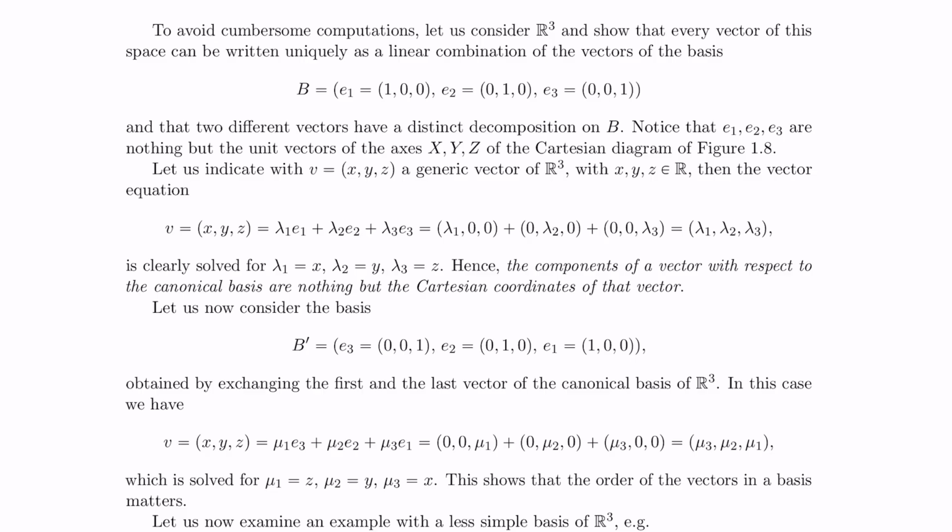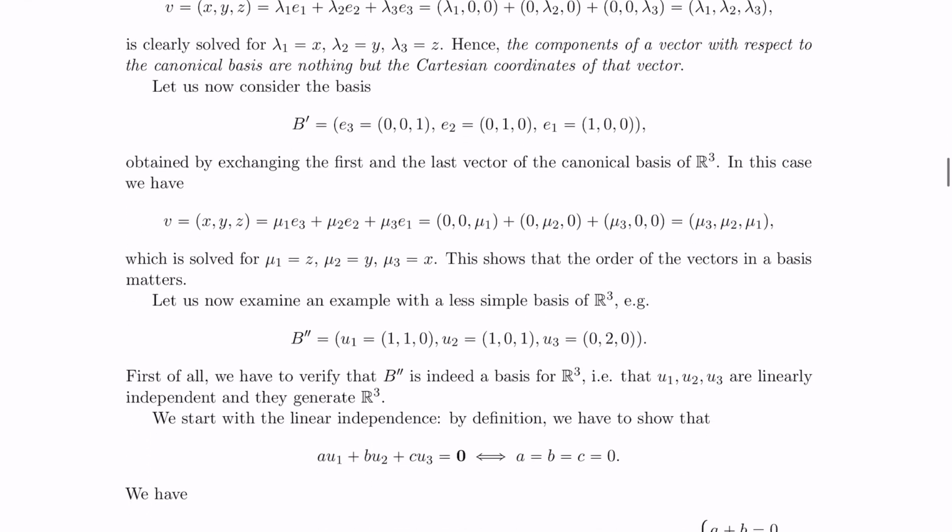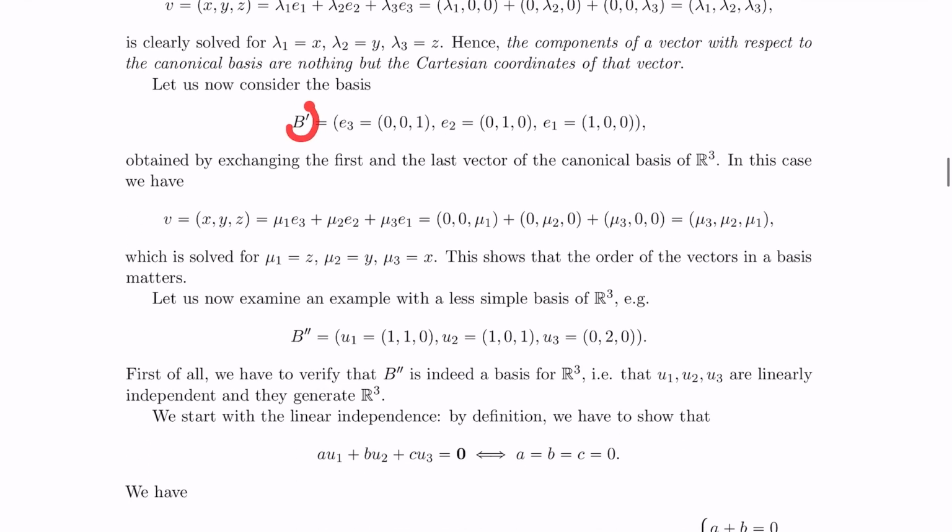Let's now see what happens if we change the order of the vectors appearing in the canonical basis. In particular, as you can see here, we consider the basis B' with the vector e3 as the first one, then we have e2, and finally we have e1.